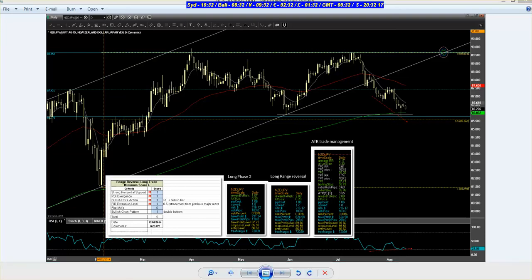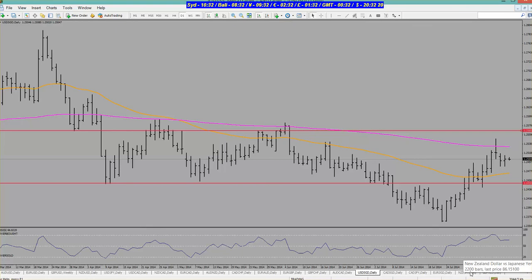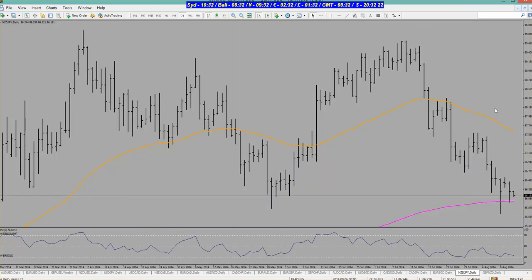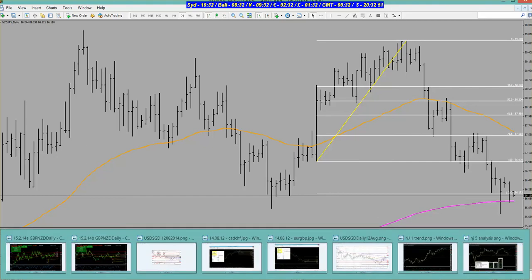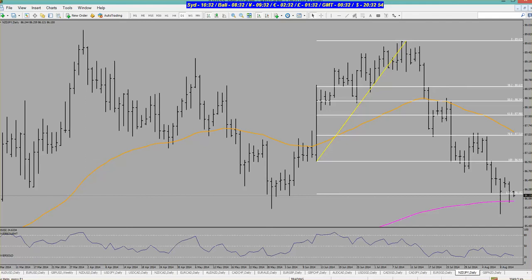Okay, what's with the extension of, I think I'll put it out for us, Kiwi yen, and extension, there's your extension, fib extensions. Or potentially you could go there. Either one I would say is a reasonable way to look at it.